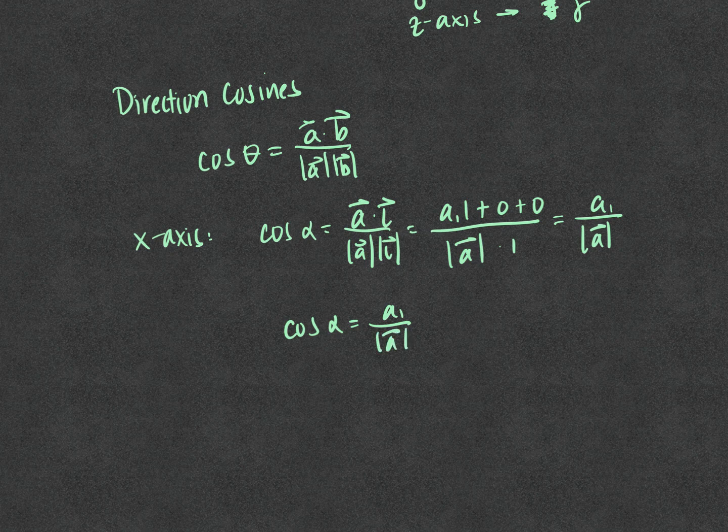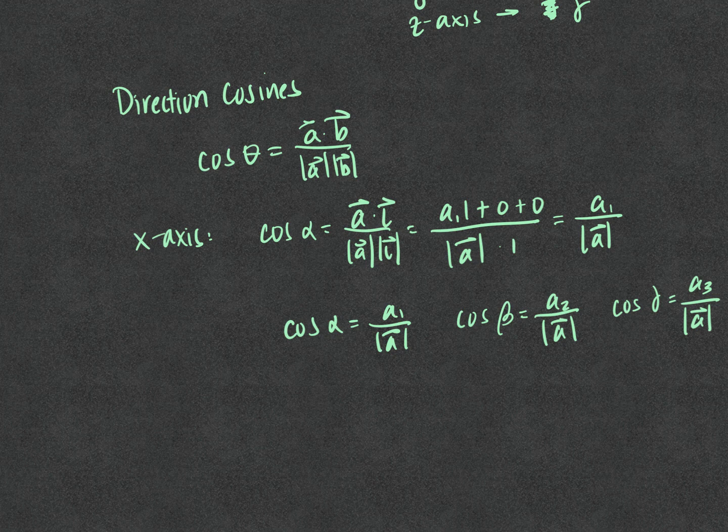Similarly, cosine of beta is the second component because J has a 1 in the middle. So we're going to say A sub 2 over the length of A. And lastly, we're going to say cosine of gamma equals A sub 3 over the length of A. So these are your direction cosines.